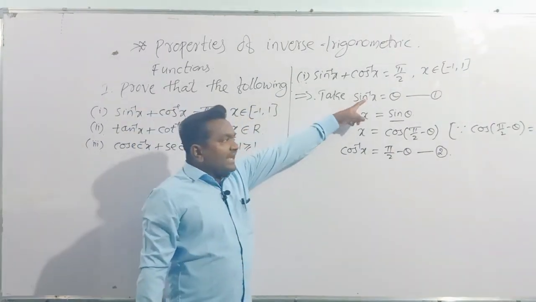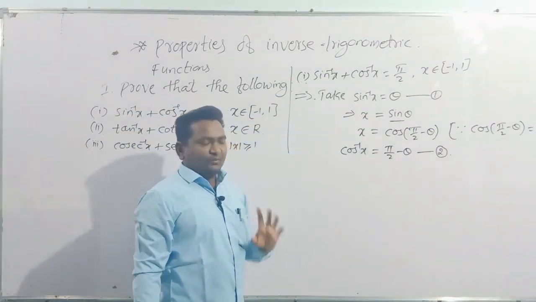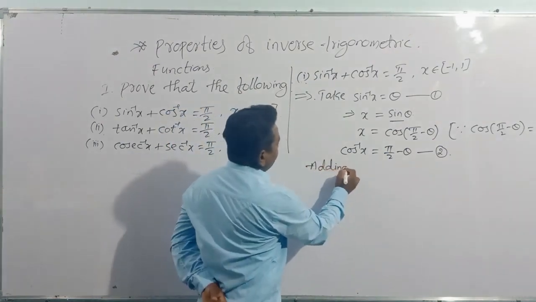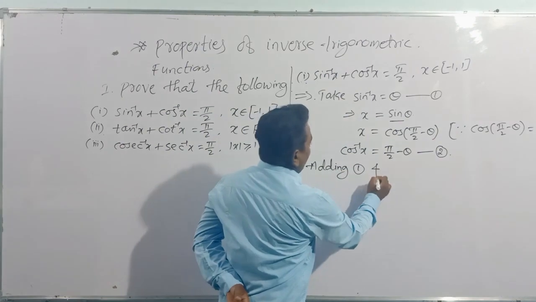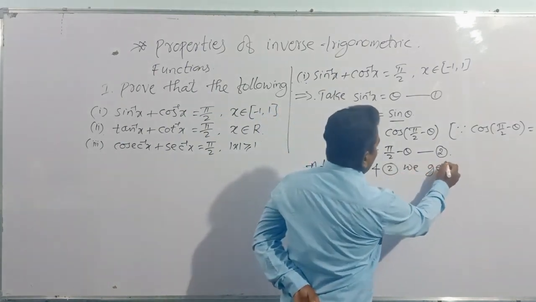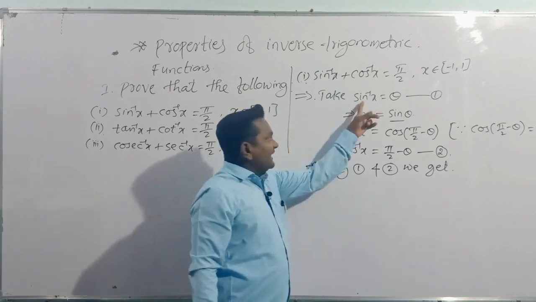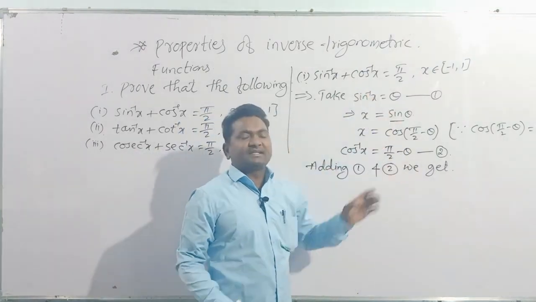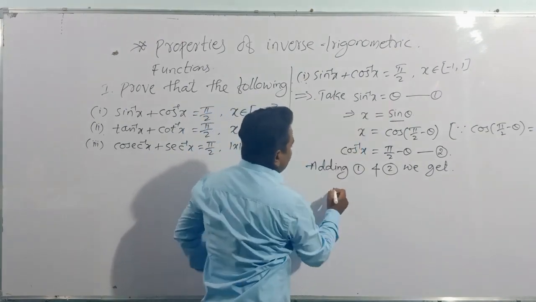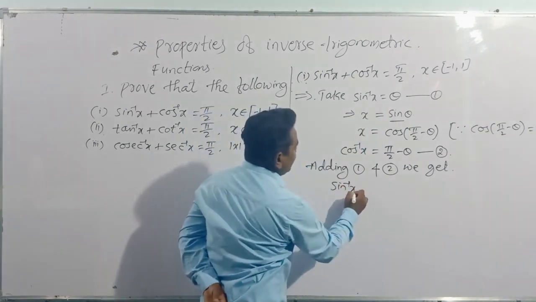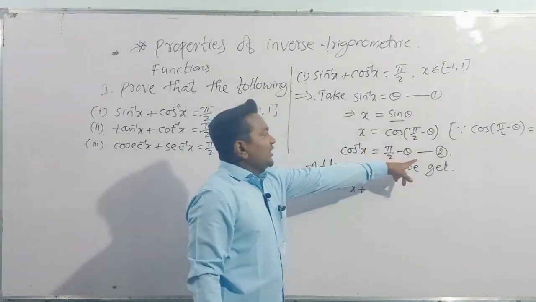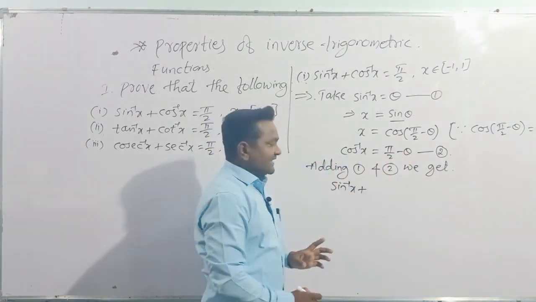Now adding equations 1 and 2, we get, add LHS and RHS separately. So equation 1 LHS is sin inverse x, adding means we have to add. Equation 2 LHS is cos inverse x.